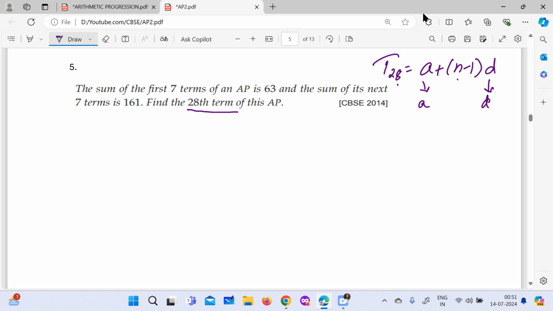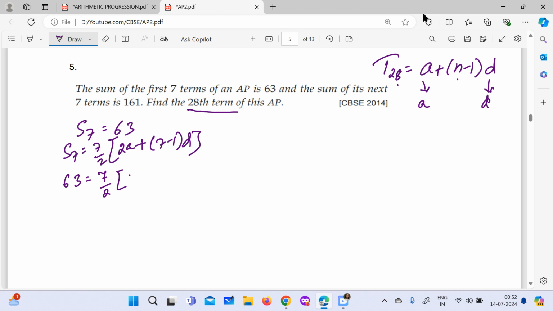So this is the sum of first 7 terms. So S7 equals 63. So we can convert this into an equation. So this is S7 equals 7 over 2 times (2a plus 7 minus 1 times d), and then you have 63 equals 7 over 2 times (2a plus 6d).